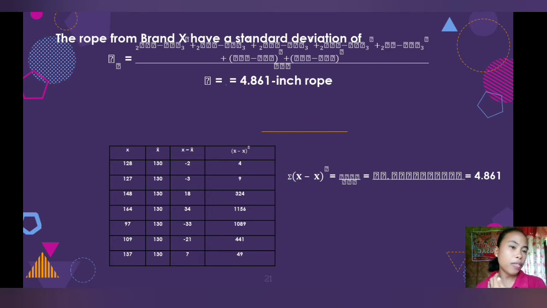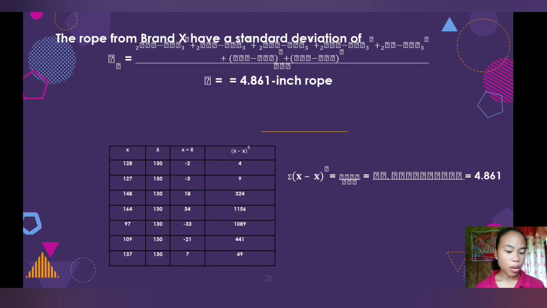After that, the sum of the squared deviation, 3072, divided by the mean, which is 130, equals 23.6307692308.